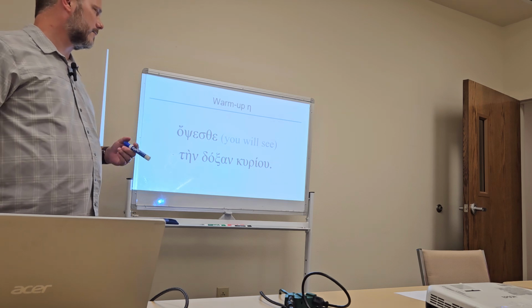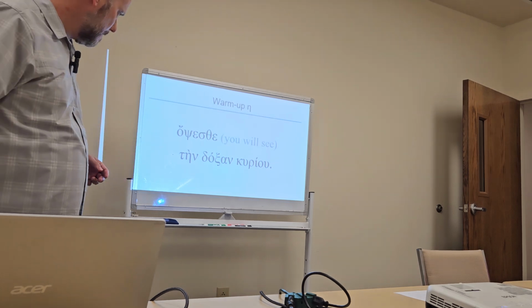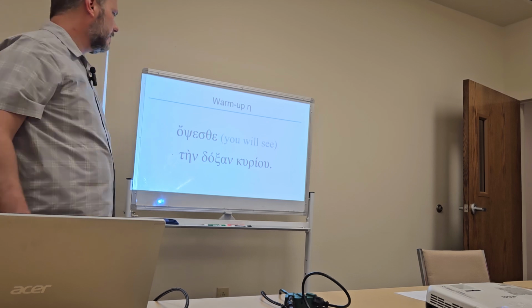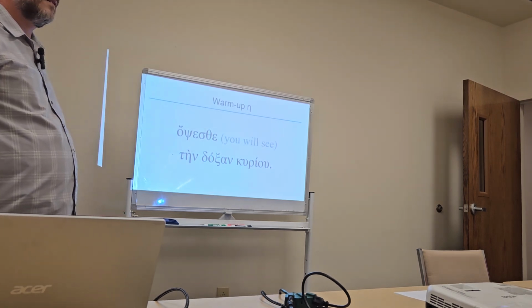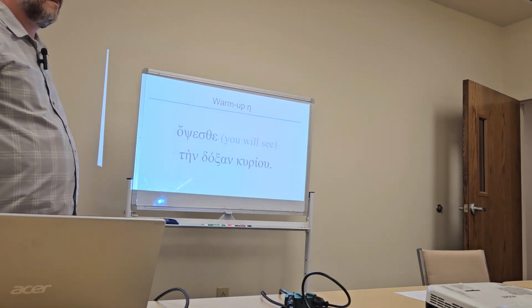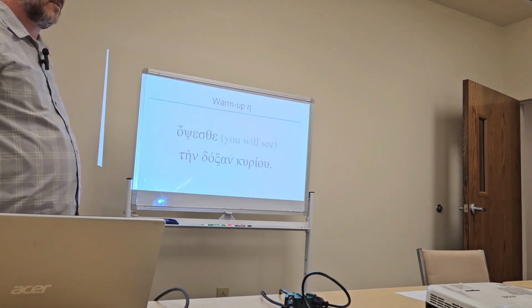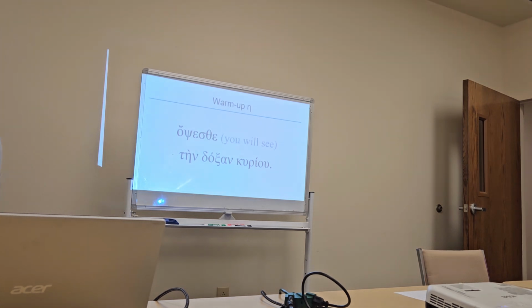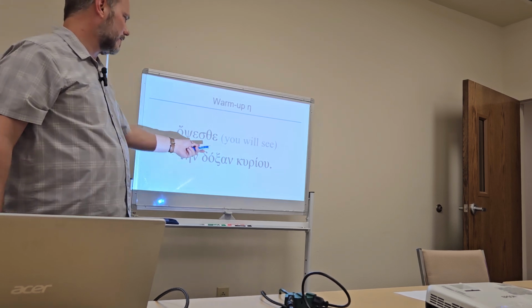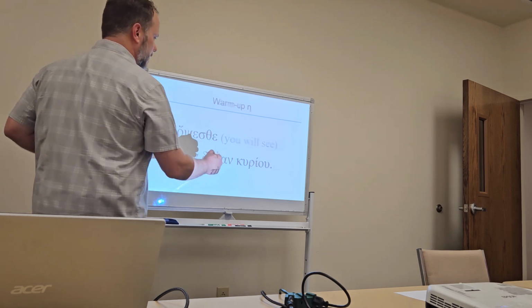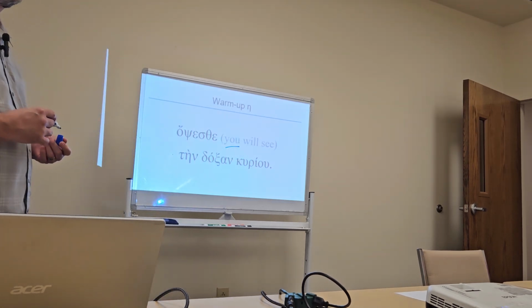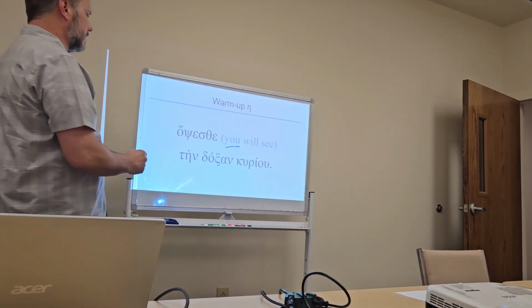Opsesthe ten doxan kuriou. Remember you have verbs because in the verbs you're going to find out this word collapses into the verb. So this technically is your subject. So that becomes the verb then functions as the nominative here.